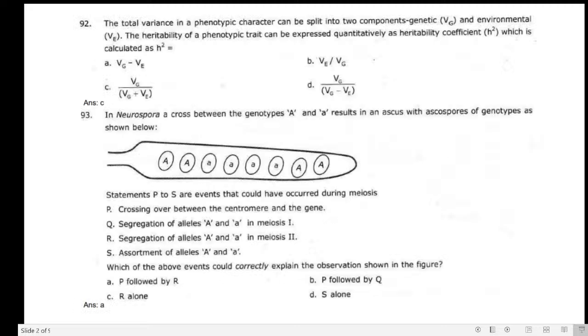The total variance in a phenotypic character can be split into two components: the genetic component, known as VG, and the environmental component, that is VE.